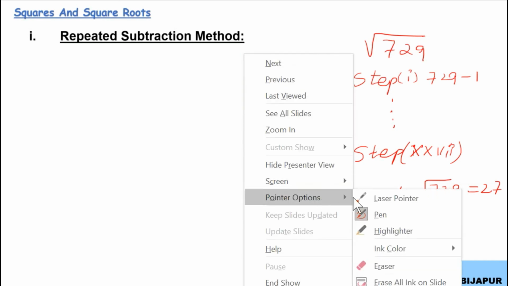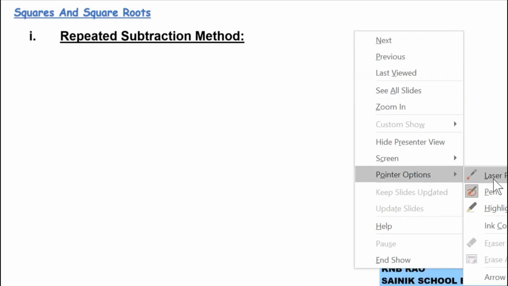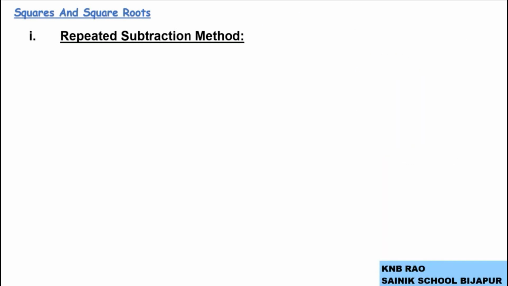Okay, let me take an example. Students, coming to the question like this: Is 32 a perfect square? To answer this, we can do repeated subtraction method.